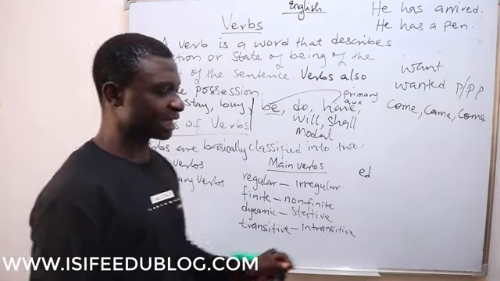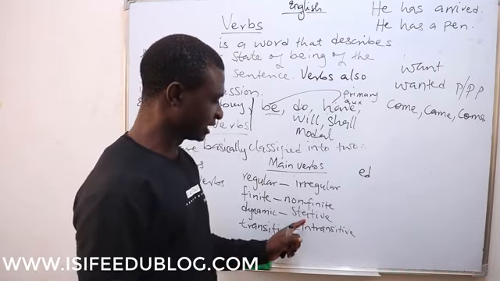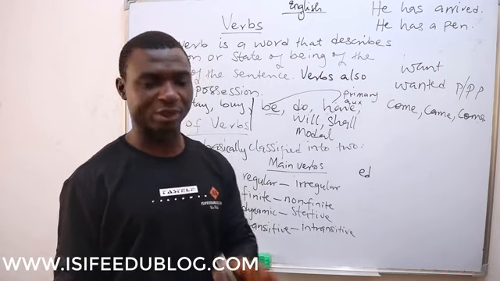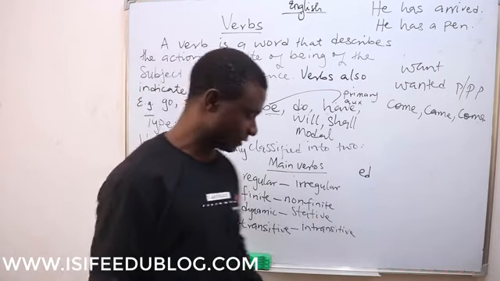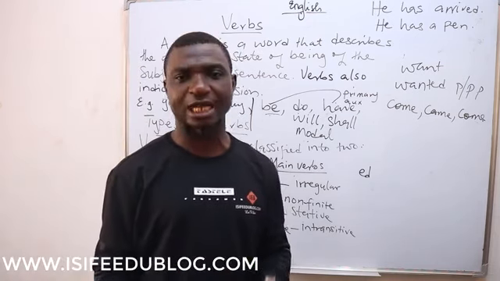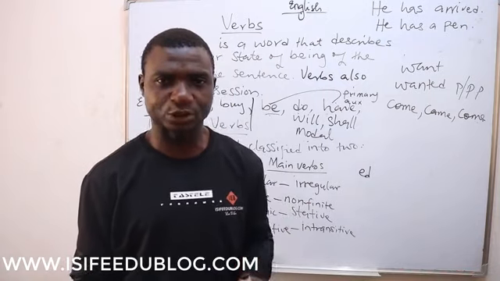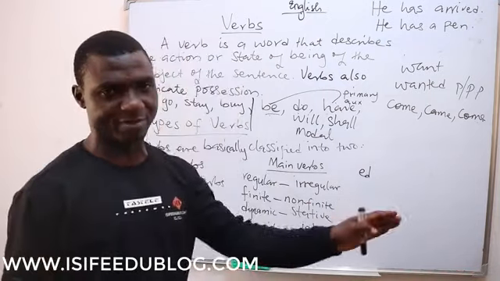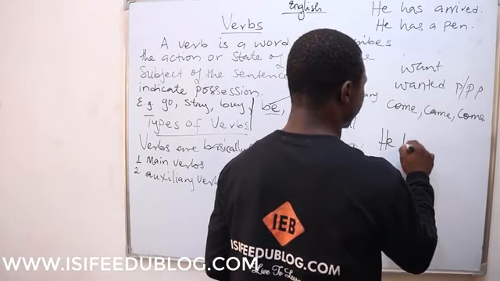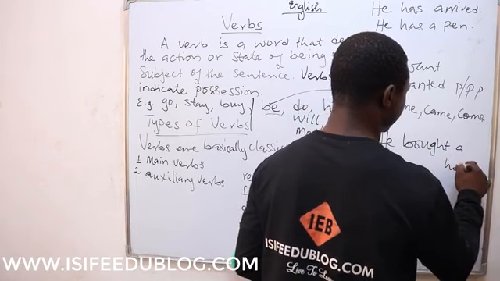Dynamic means that the verb expresses an action. Stative means that the verb does not express an action, but expresses a state of being. Transitive means that the verb can move its action to the object. That is to say, "He bought a house."